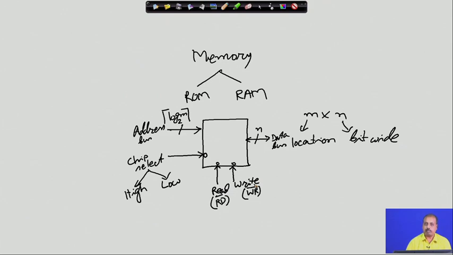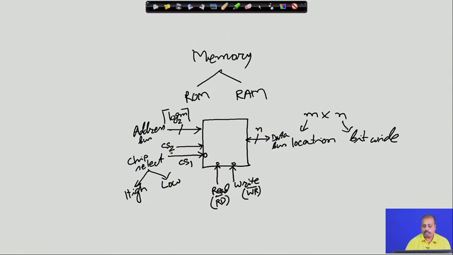Now, you can find some chips that have more than one chip select line. This may be chip select 1 or CS1, and there may be another chip select line called CS2.